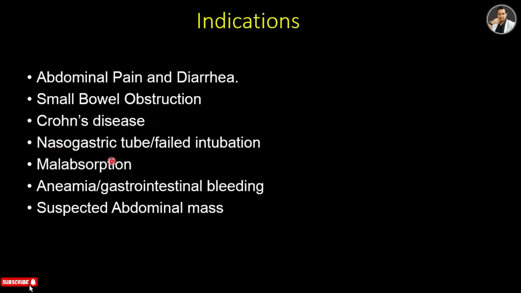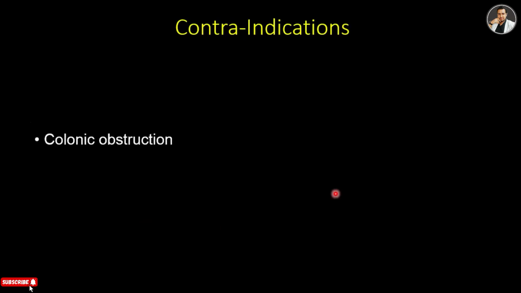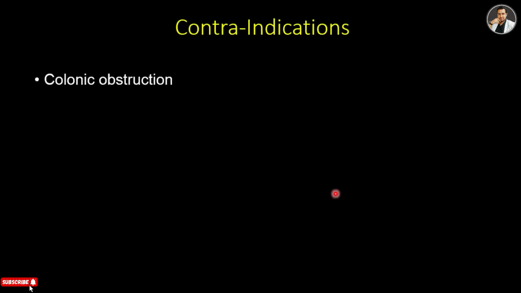And then nasogastric tube failed intubation, and then malabsorption, anemia, gastrointestinal bleeding, and suspected abdominal mass. So these are the common indications for barium follow through, and there are a few contraindications like colonic obstruction. So if the patient has a complete obstruction of the colon, then barium follow through is contraindicated.